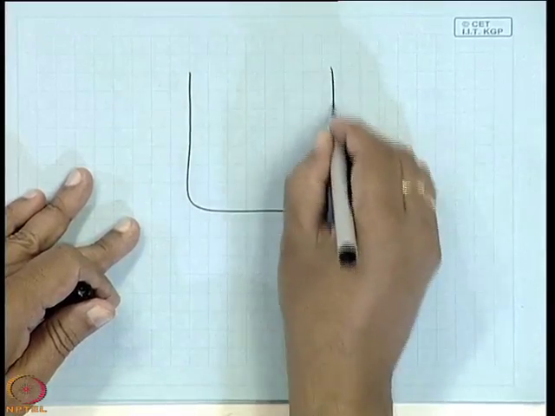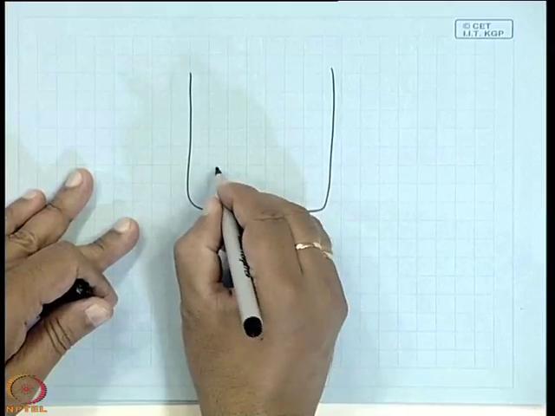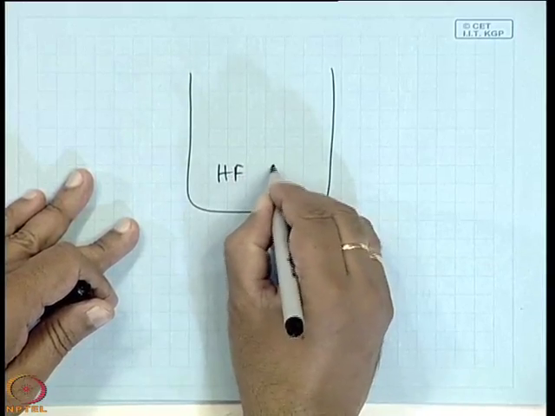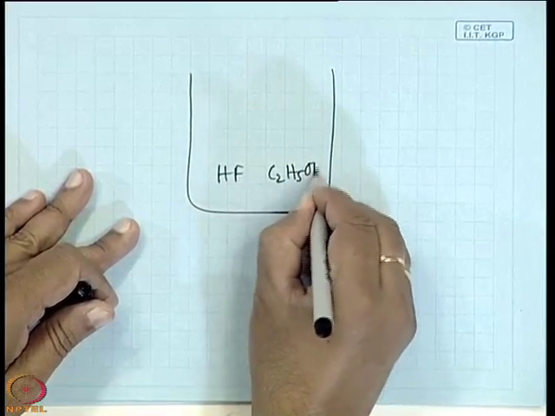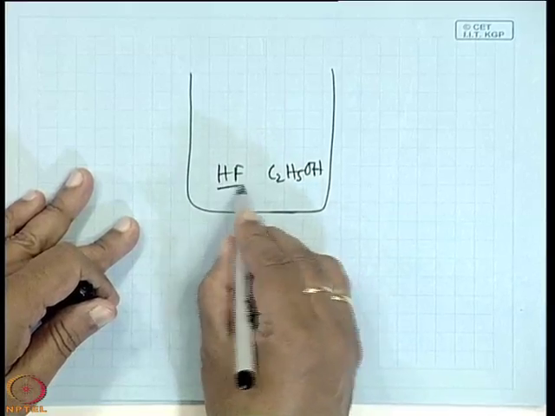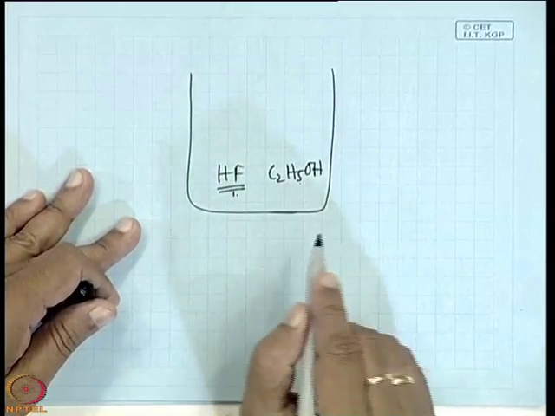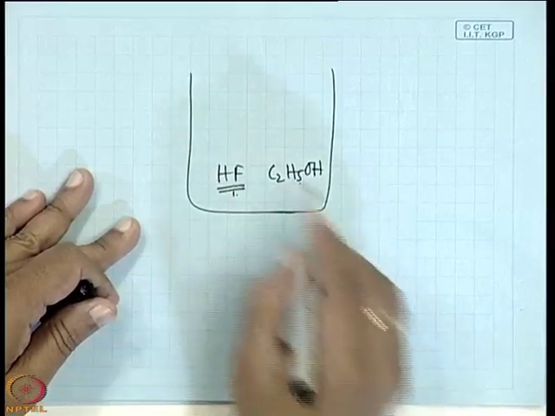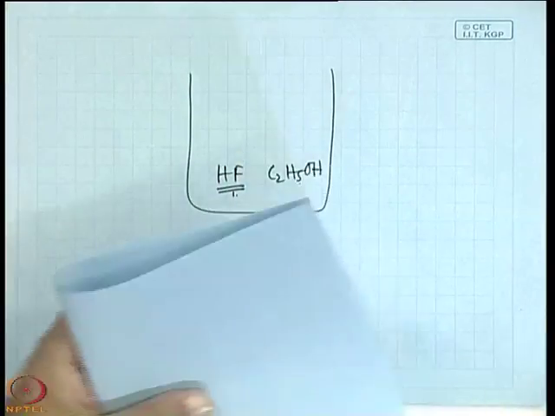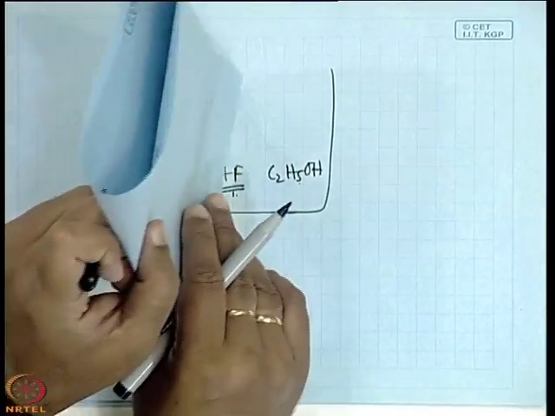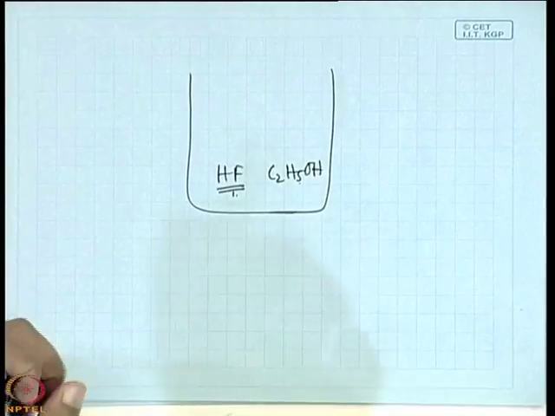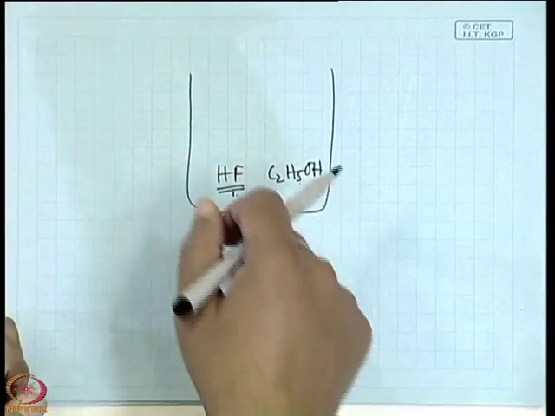You take a beaker, you take HF and C2H5OH, say it is 20% or 40% HF, and the rest is C2H5OH. Then you put this silicon wafer inside the Teflon beaker. Now, why have we used Teflon?